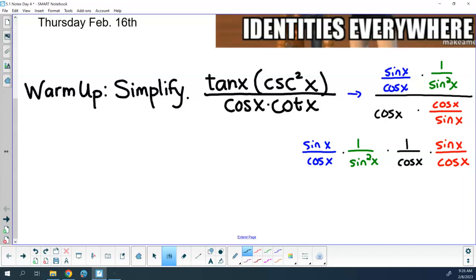On top, I get sine squared. On the bottom, I get sine squared cosine cubed.